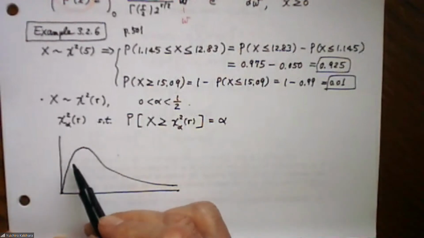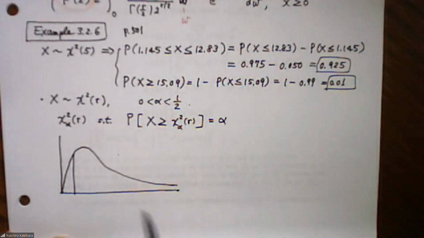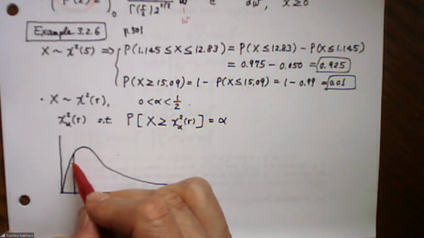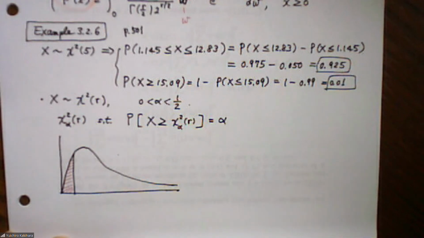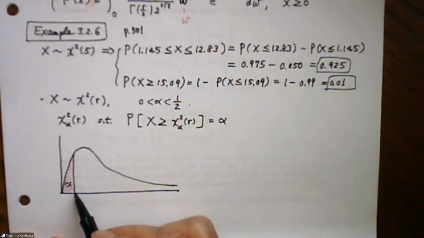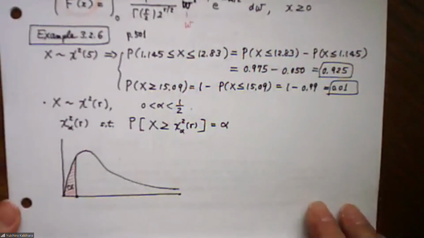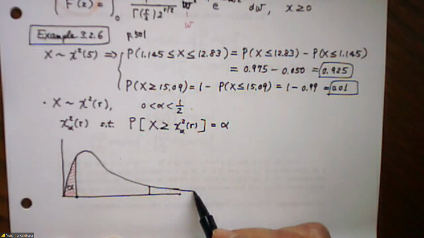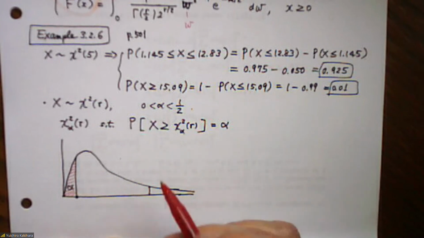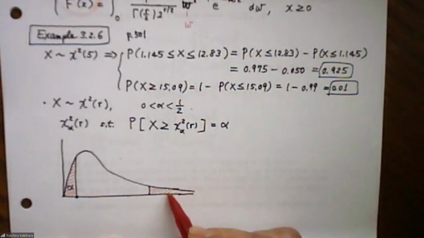Somewhere here we have a number, and this region's area is alpha. Alpha is not greater than or equal to 1/2.